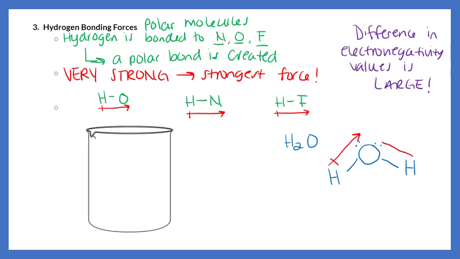So oxygen is going to be pulling on the electrons from both the hydrogens. So that means oxygen is going to be really negative, okay? And the hydrogens are both going to be very positive. So let's put water into a glass and put multiple H2O molecules in here.